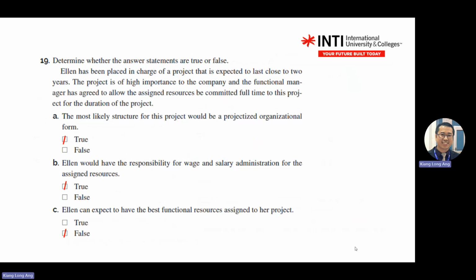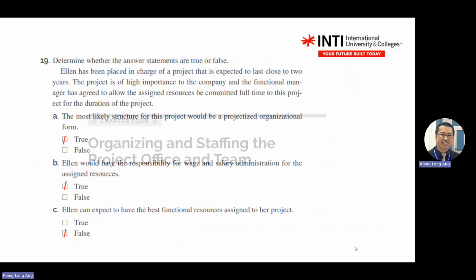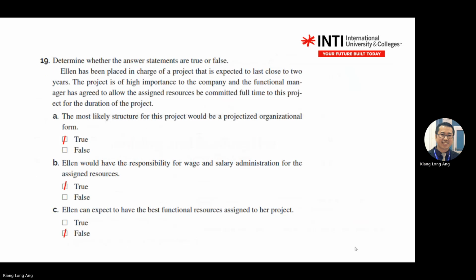It does not mention best, but again, this section is a bit of a gray area. It can be true. Yes, correct. So yeah. Basically, this 19 is to test whether you're aware of what the rule is.